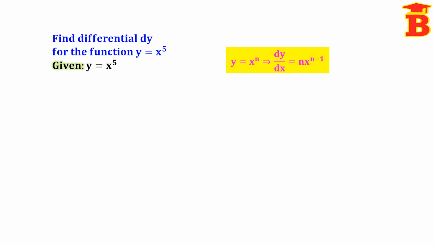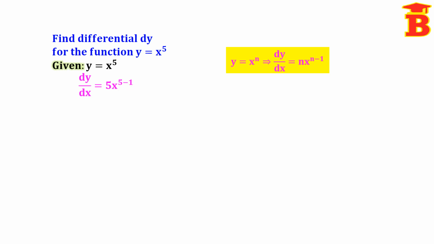If y equal to x power n, then dy by dx equal to nx power n minus 1. So comparing this, x power 5, here n value is 5. So therefore dy by dx equal to 5 into x power 5 minus 1.